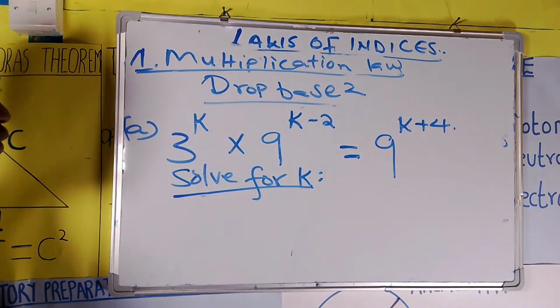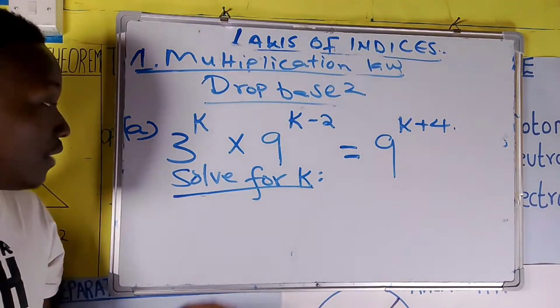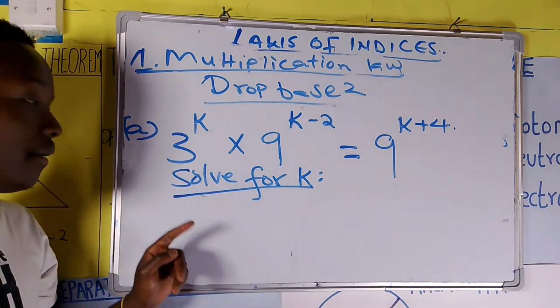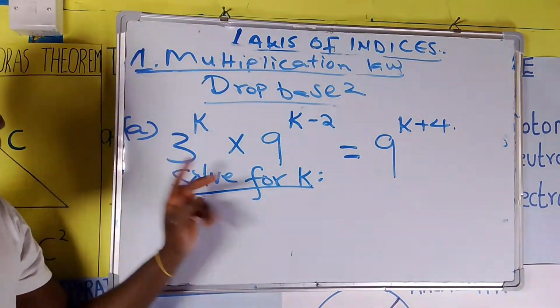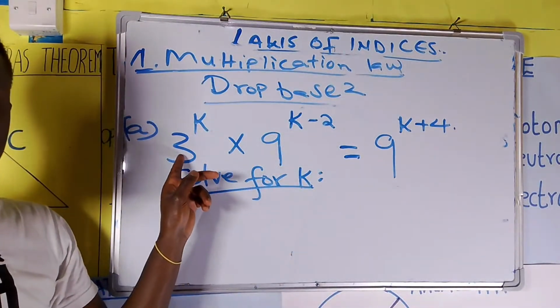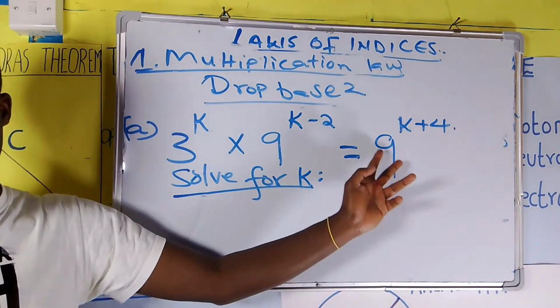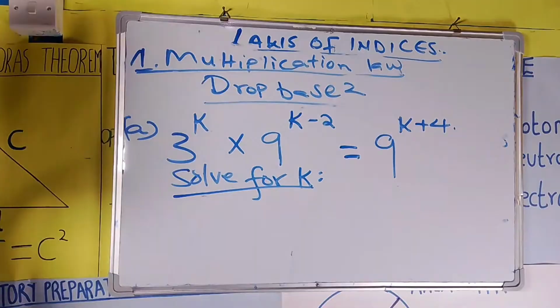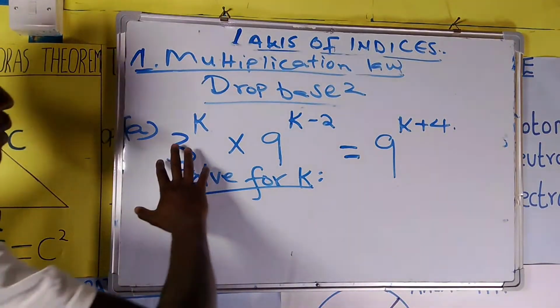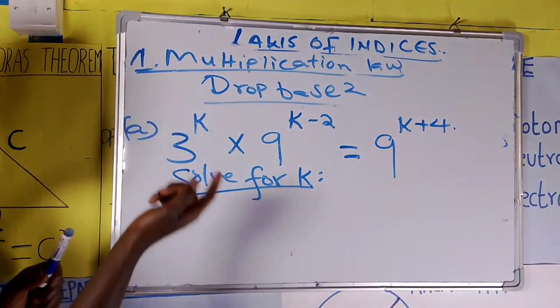So for us to solve for k, we said we check out the smallest base that we have, and the smallest base that we have here is 3. So we will ask ourselves, can the other bases be written in to base 3? Yes. 9 is a power of 3, and also this 9 is a power of 3. So we write them to base 3.